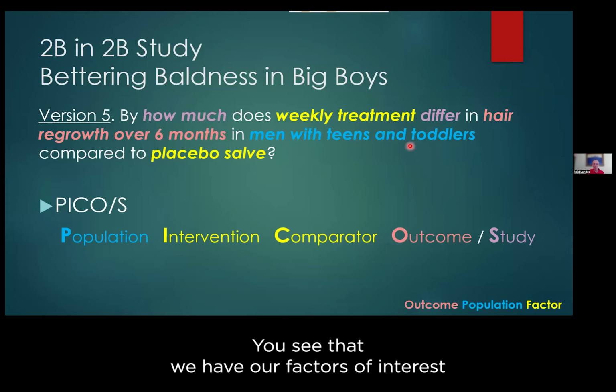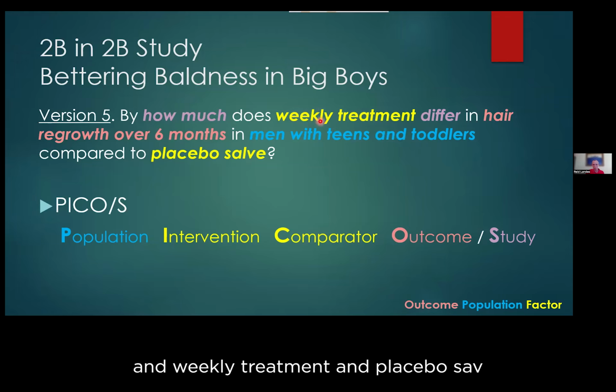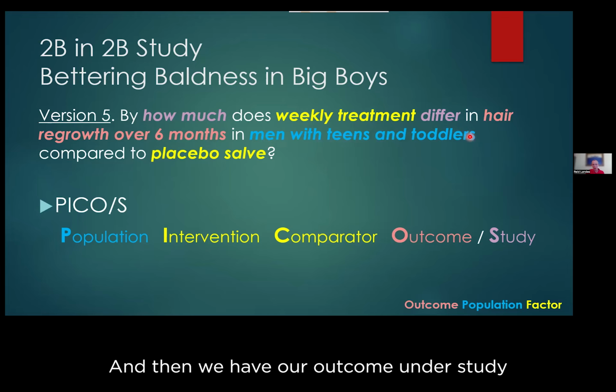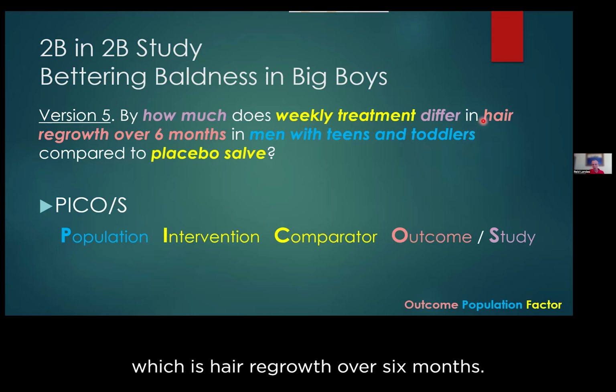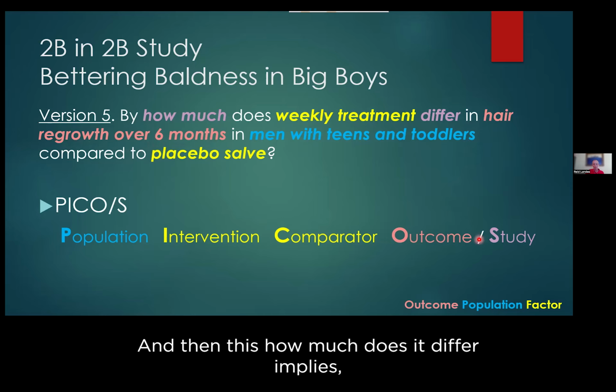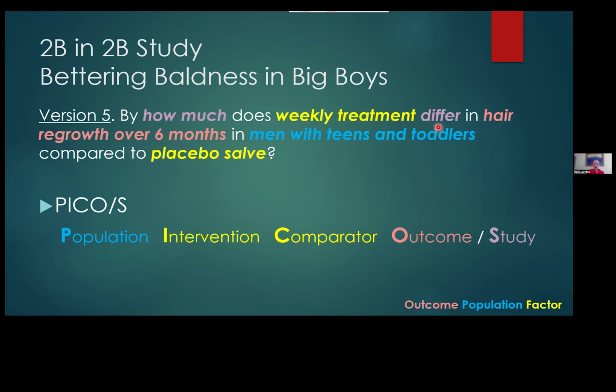You see that we have our factors of interest, weekly treatment and placebo salve as our intervention and comparator. We have our population of interest, men with teens and toddlers. And then we have our outcome under study, which is hair regrowth over 6 months. And then this, how much does it differ, implies that it will be a parallel arm study.